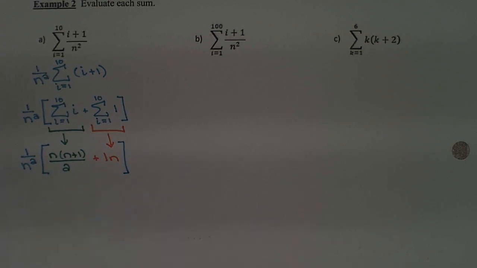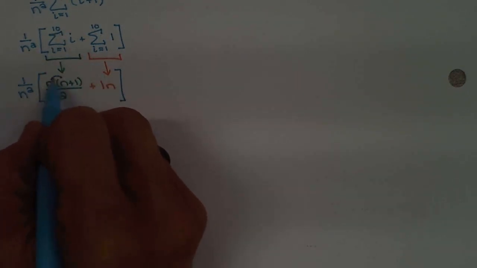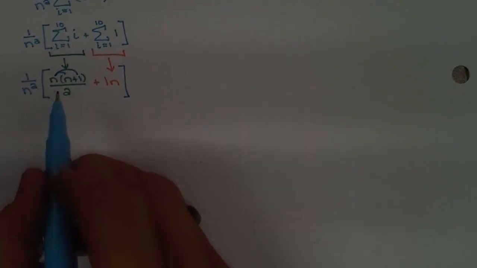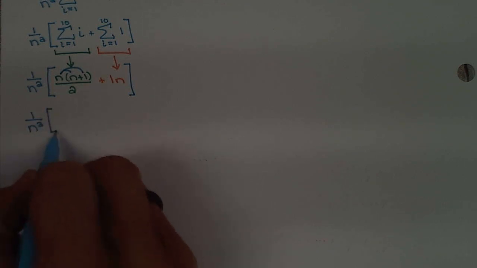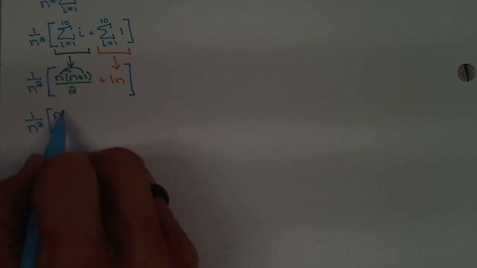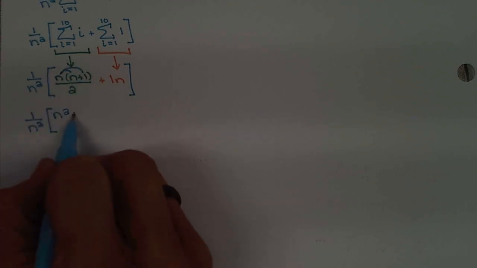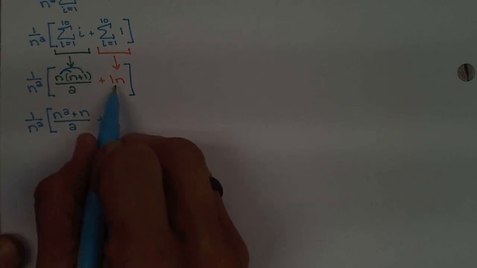So we're going to go through and simplify here, and the first thing that we can do is distribute the n. So this last part here is nothing but a bunch of algebra, which some of you may or may not like, but if you don't like it, that probably just means that you need a little bit more practice with it. So n times n is n squared. n times 1 is plus n over 2. I'm not going to write this as a 1n anymore.